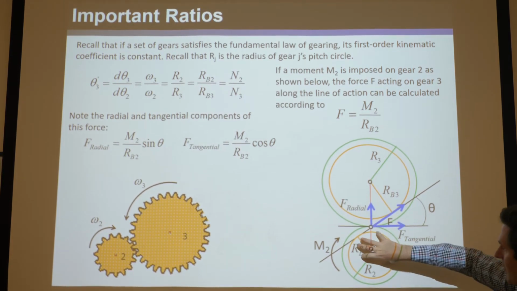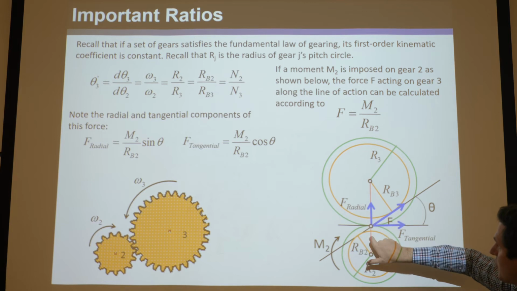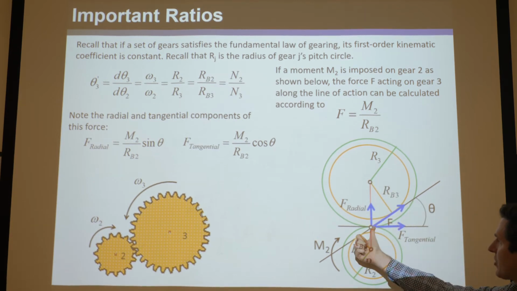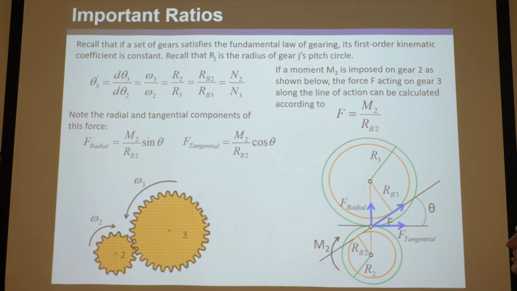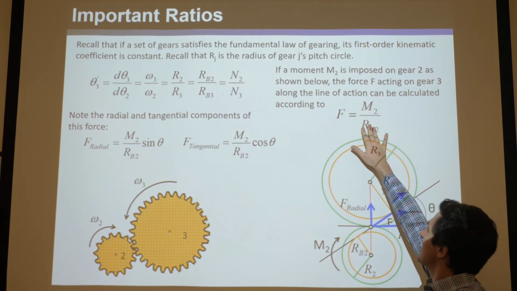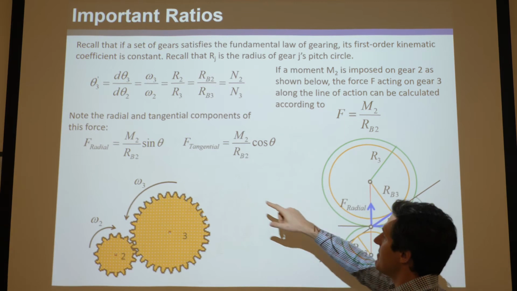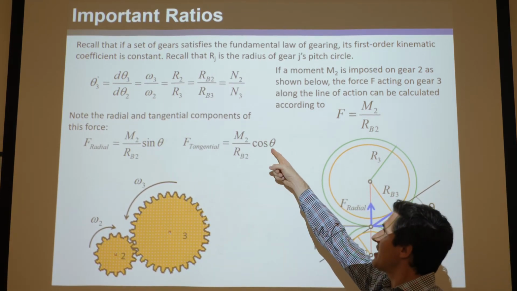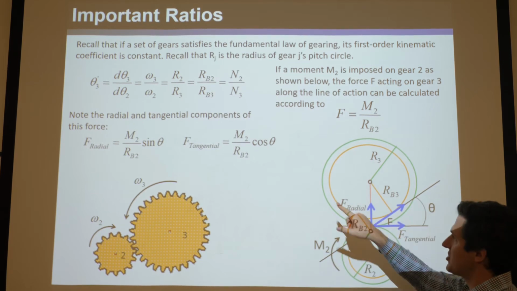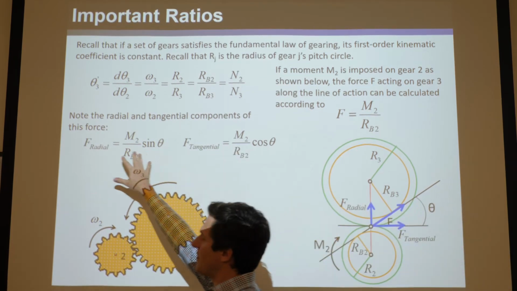But whenever a gear is twisted to drive another gear, it's important to know the force goes along this pressure line, with the two components. You could take this magnitude and times it by sine of the pressure angle to find the radial component, or times it by cosine theta to find the tangential component. So that's where you get the two different components.